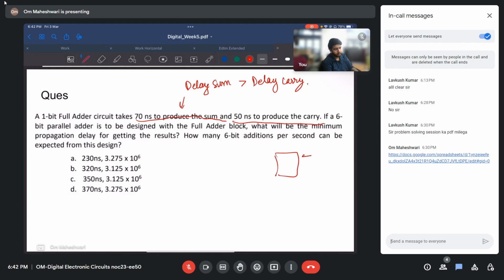We have A, B, and carry. Then we get sum and next carry, right?